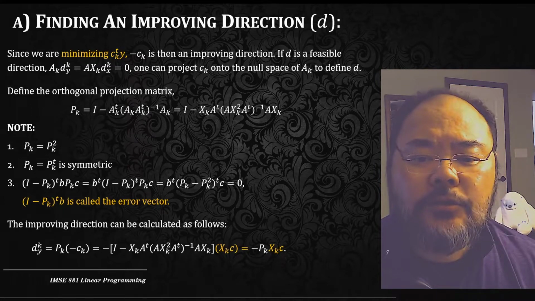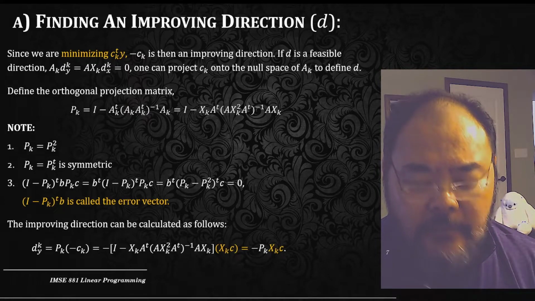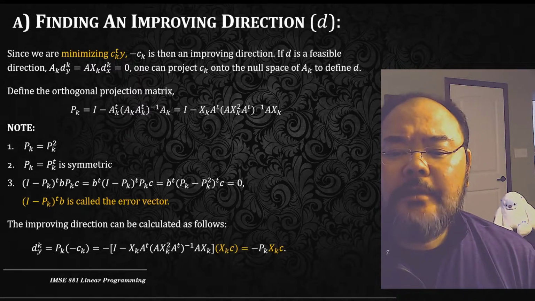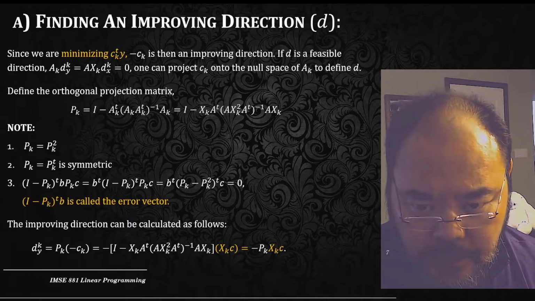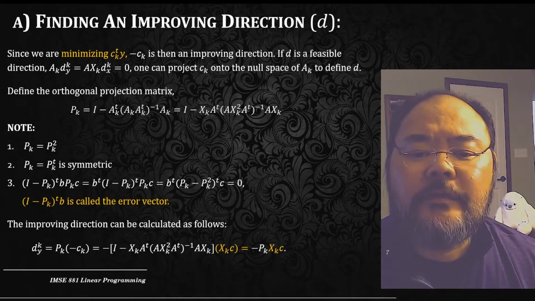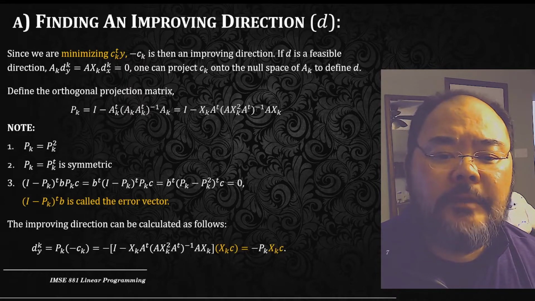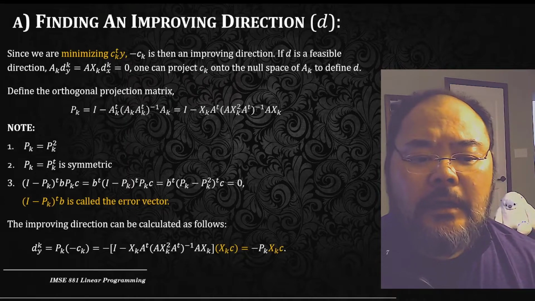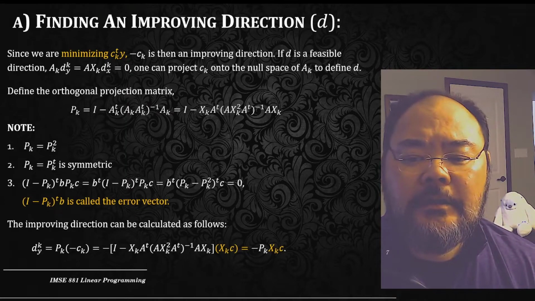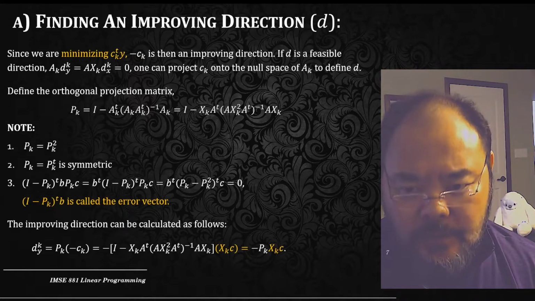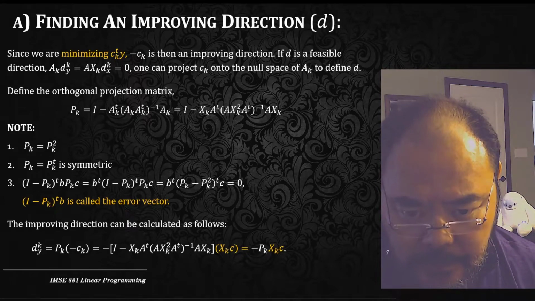Part A is trying to find an improving and feasible direction. First, since we are minimizing CK transpose times Y, the negative of CK is the best improving direction. And if the direction has to be feasible, then AK times dyk has to equal 0.